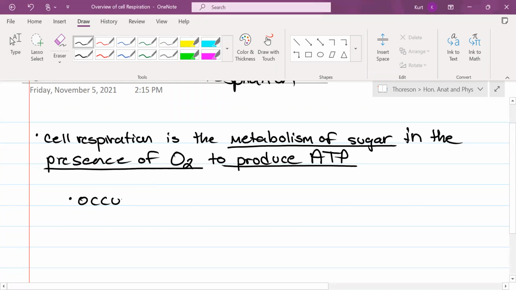Cell respiration mostly occurs in a little organelle called the mitochondria.